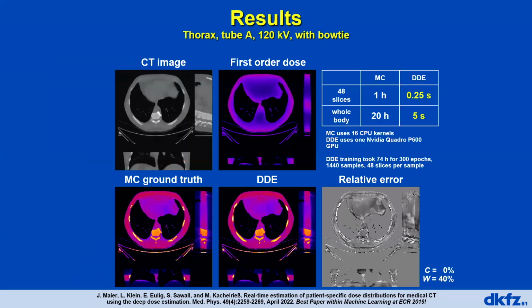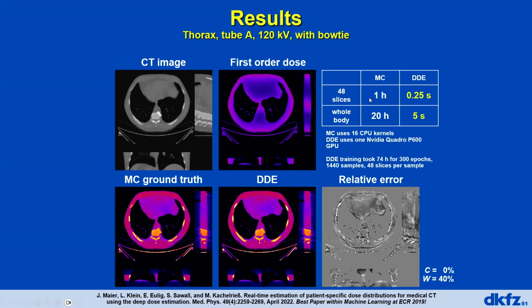Here are a couple of examples. In this case, this is a thorax scan. You see the first order dose estimate top right. Bottom left is the Monte Carlo ground truth, and the result of our deep dose estimation is shown bottom mid. And it's quite accurate. The relative error is rather small compared to the Monte Carlo, and also the runtime is rather short.